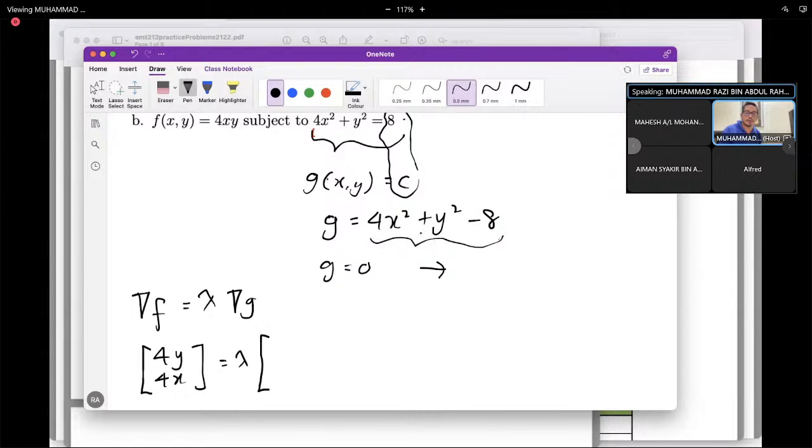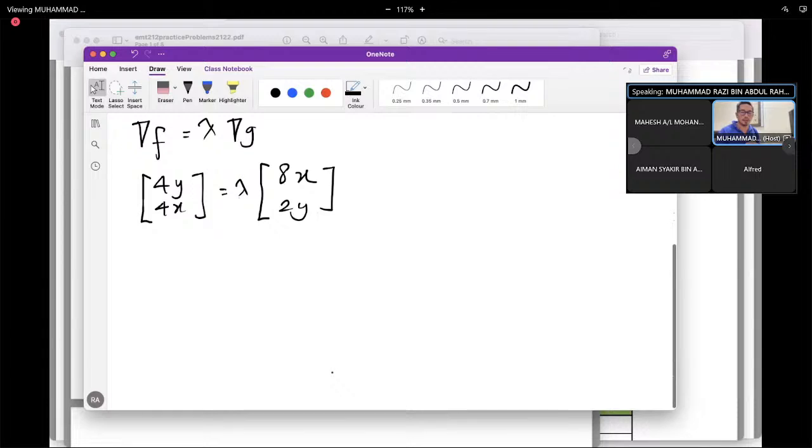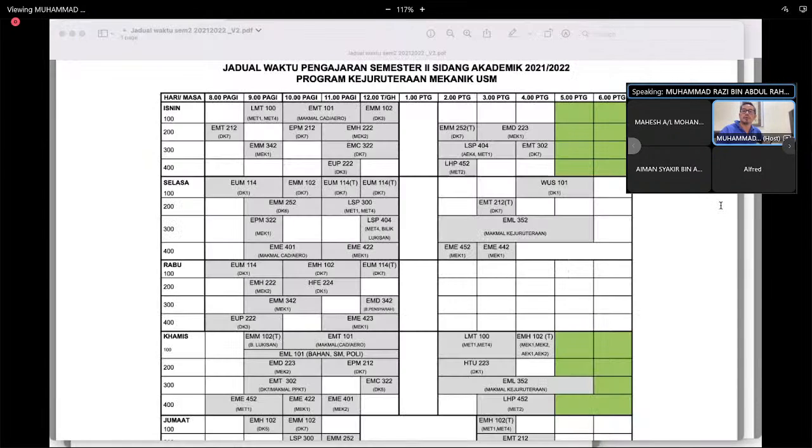So with respect to x, partial g partial x, you get 8x, you agree? The rest are constant. And then the other one, partial g partial y, gives us 2y. Up to here, you know how to do this, right? There's no problem.